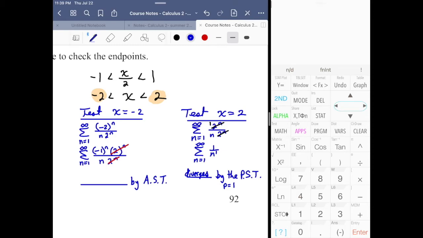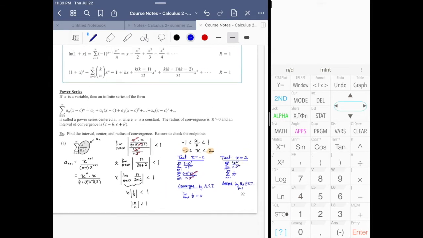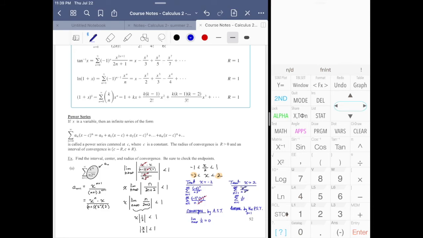For the alternating series test, it is decreasing. 1 over 1, 1 over 2, 1 over 3, 1 over 4, ignoring the negative 1 part. If it's 1 over n, it's constantly getting smaller and smaller. The limit as n approaches infinity of that 1 over n would be equal to 0. So this converges by the alternating series test.